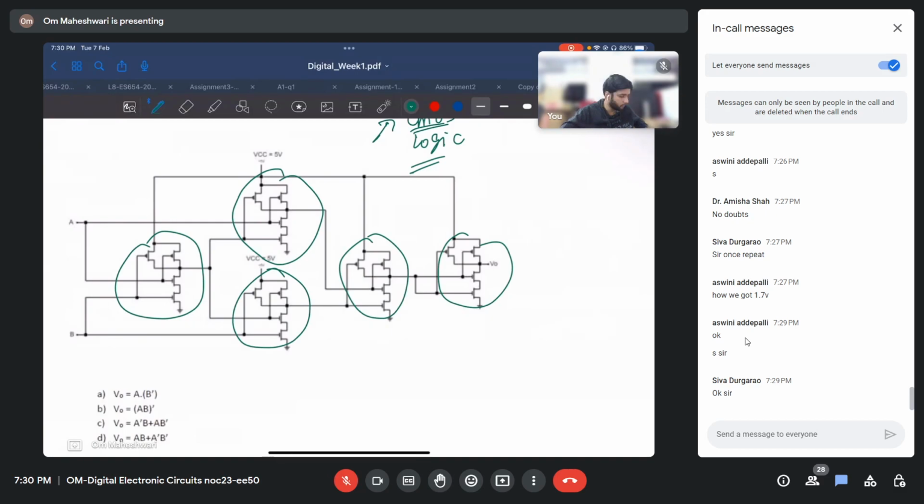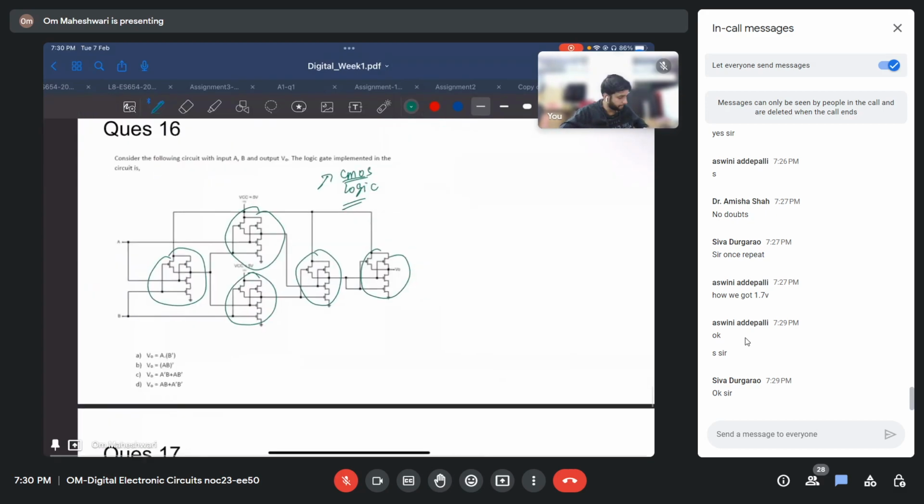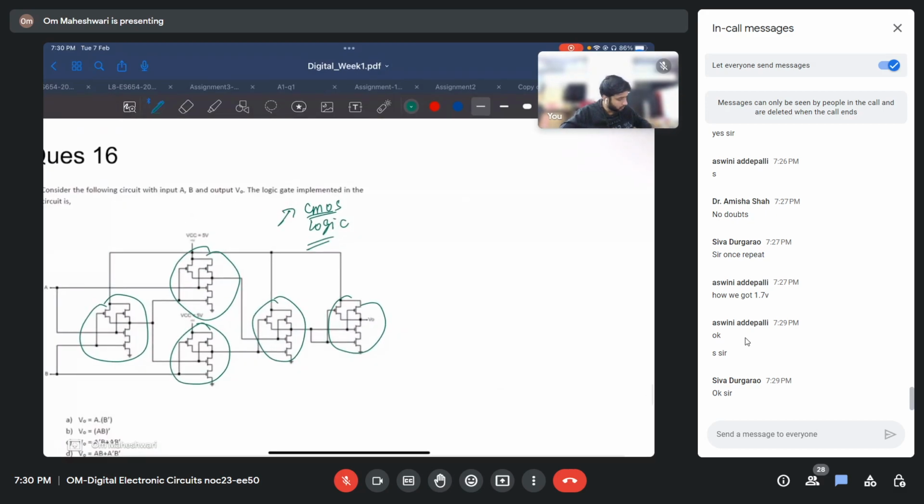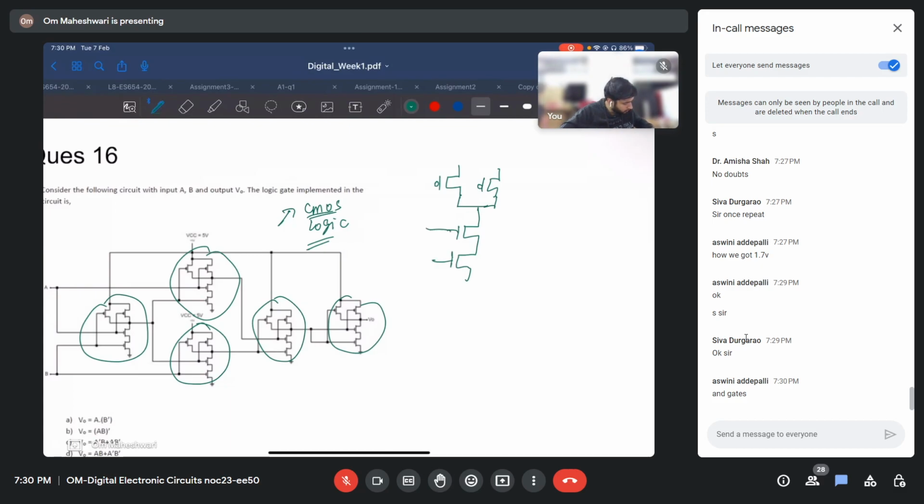So these are MOSFETs, first of all. So what does this thing do? We have these two shorted, these two are shorted, and these two are shorted.